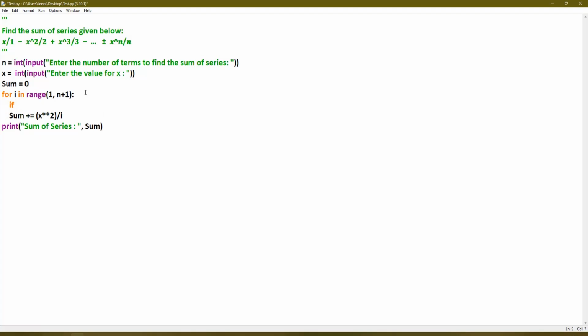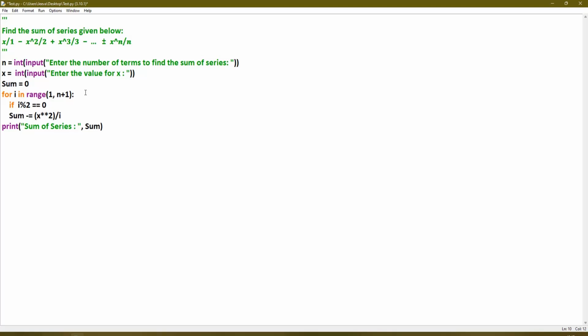If I mod 2 is equal to 0, then it is even element. We should be subtracting it. So sum minus equal to. The term is x by 1, x square by 2, x cube by 3.